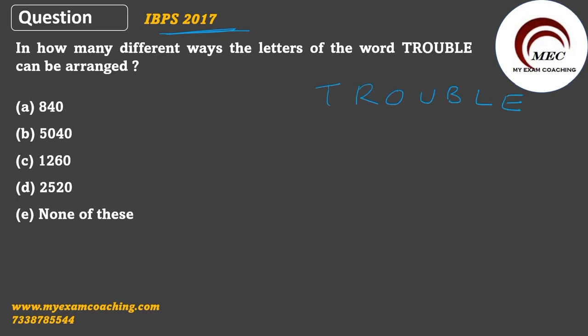When you see this word, total 1, 2, 3, 4, 5, 6, 7. We have 7 letters. Out of that, we don't have any repetition. If there is no repetition, then the answer will be equal to total factorial, that is 7 factorial.